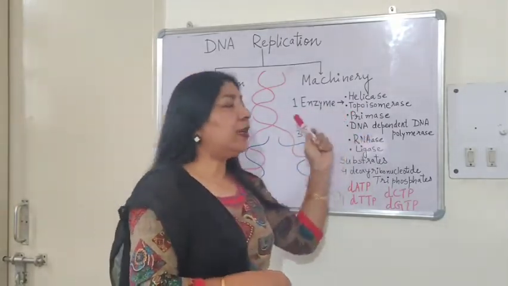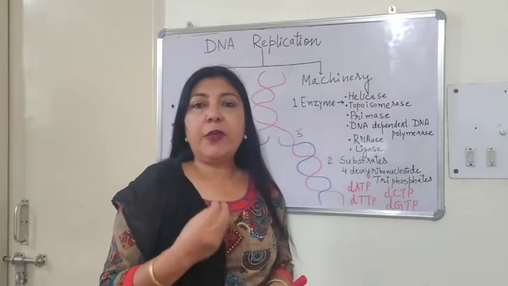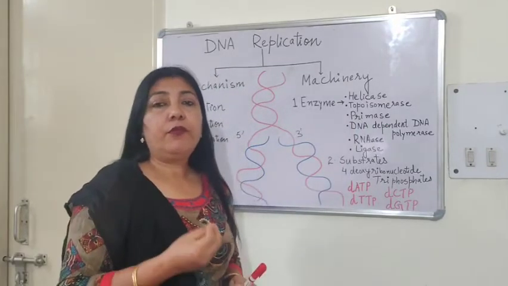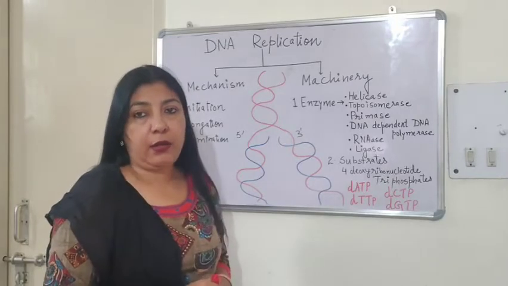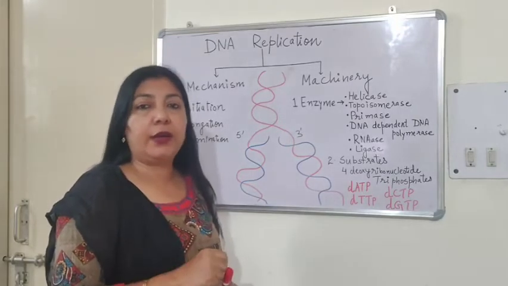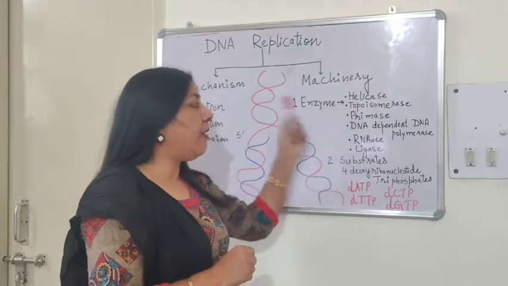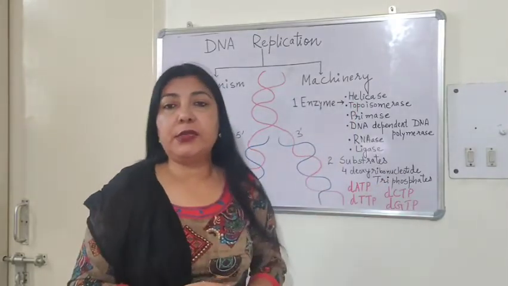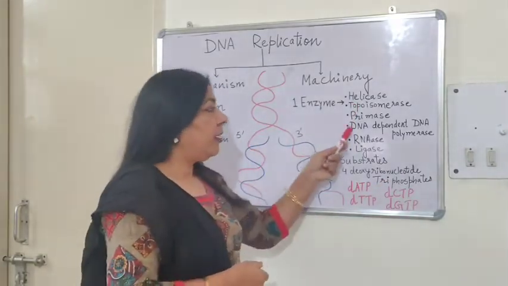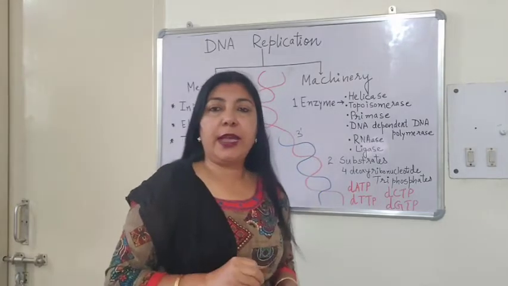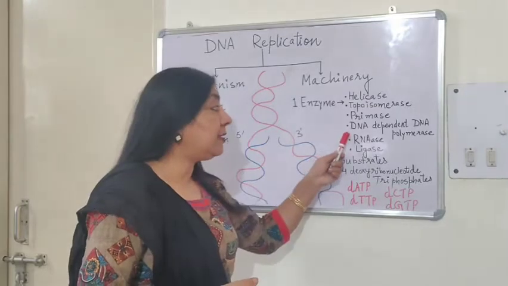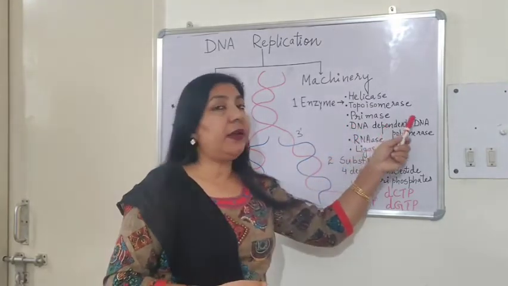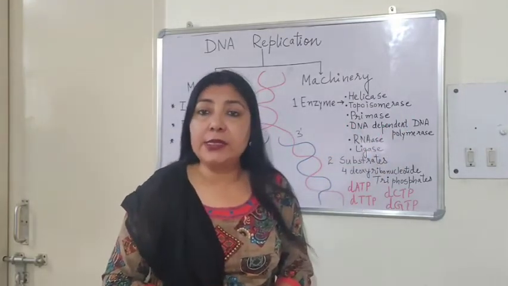Then next is primase. Primase is an enzyme which is required for forming a primer, an RNA primer, which I will explain when this RNA primer is required. Next, the most important enzyme which actually performs the DNA replication is DNA dependent DNA polymerase.